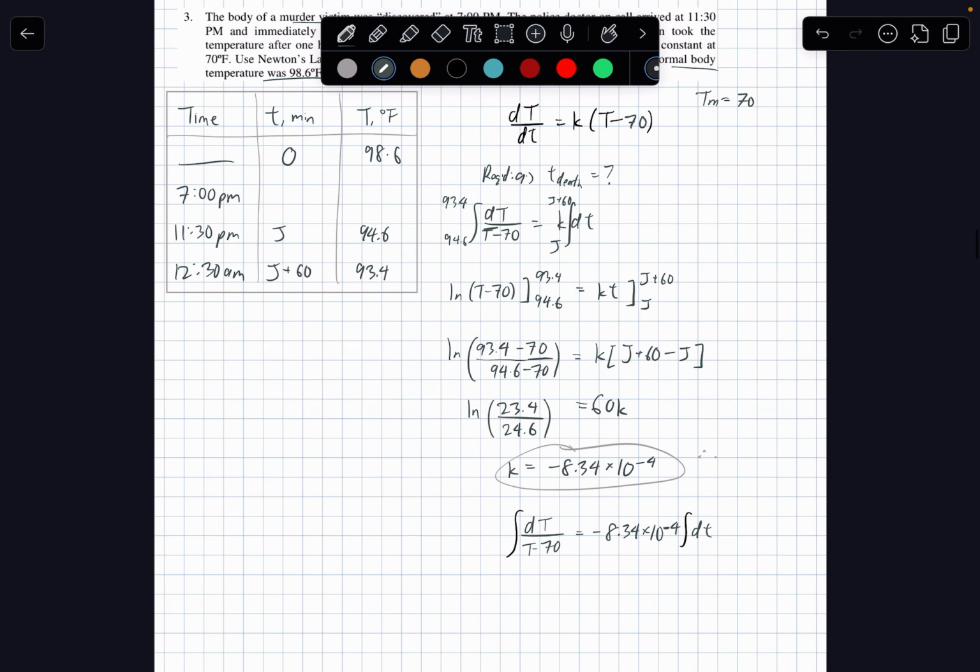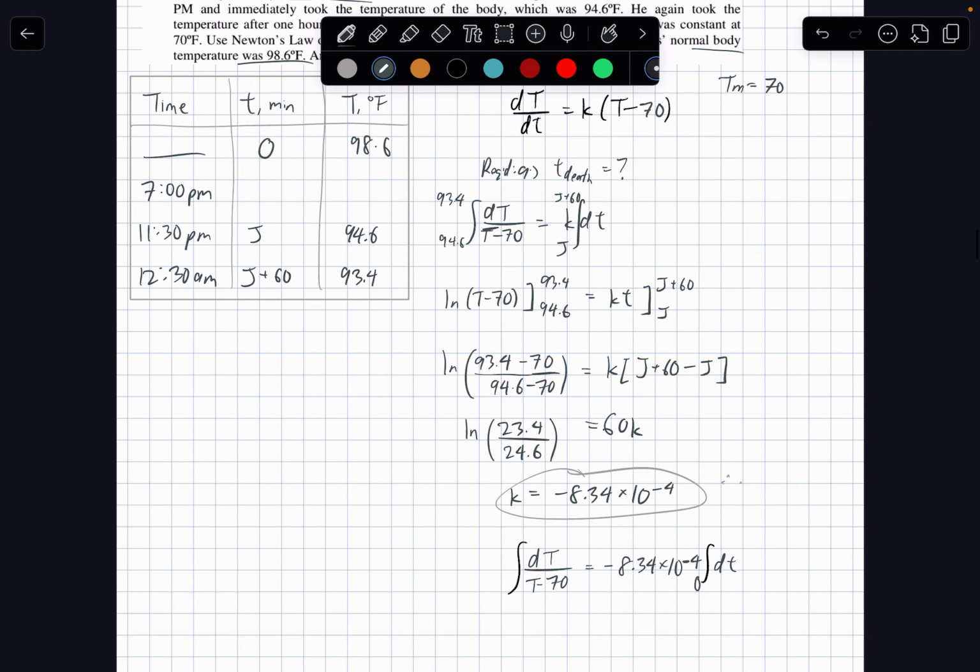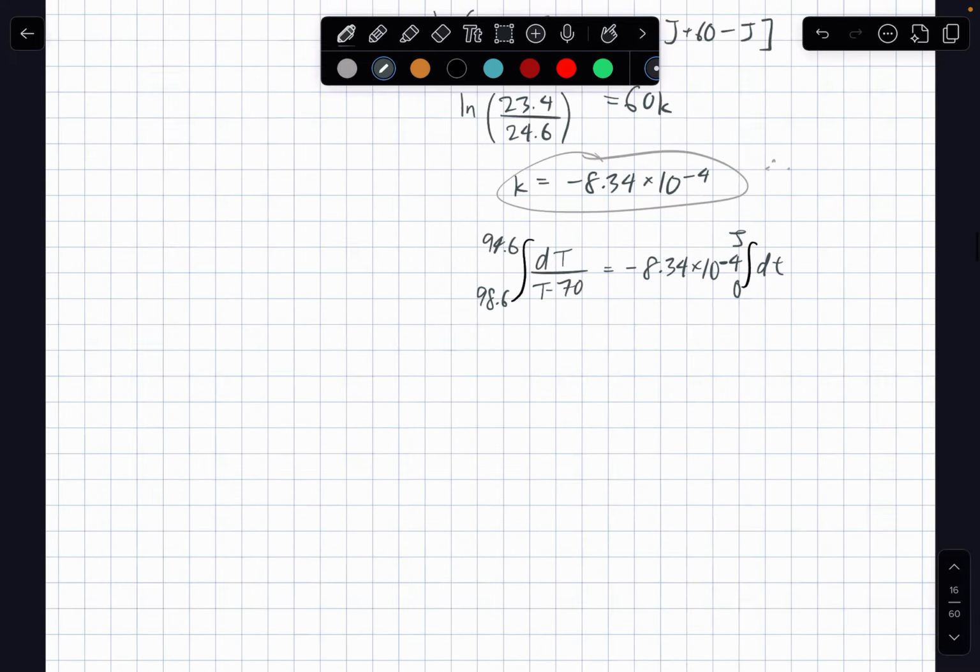Okay, so for time, we start with 0, then J, and 98.6 to 94.6.